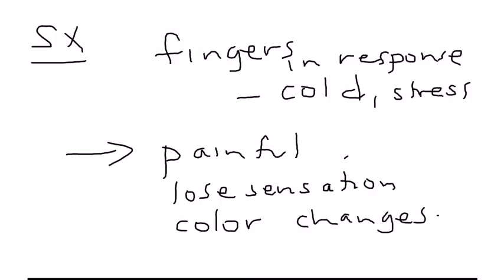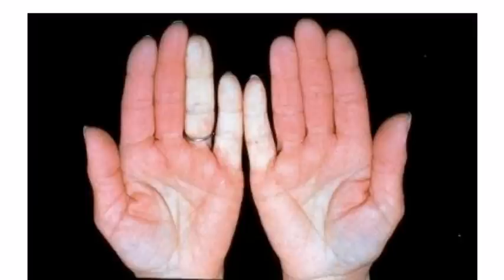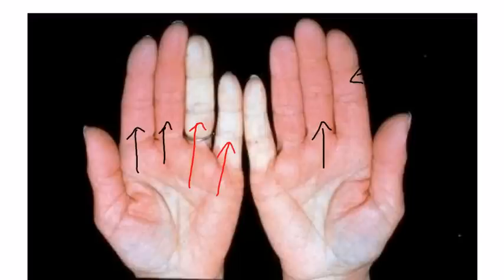I'll show you a picture of a person with Raynaud's, and you can clearly see the nice pink color of these digits here, this one here, this one here. But then these ones have clearly been affected by this Raynaud's syndrome, and they're pale, and they can also change colors in another way, and they can become cyanotic as well.